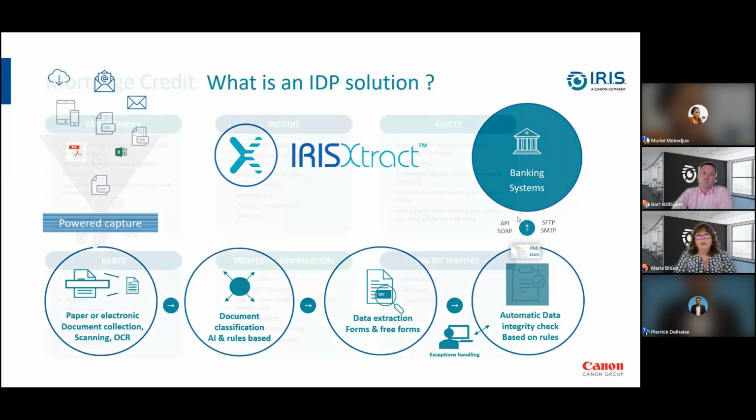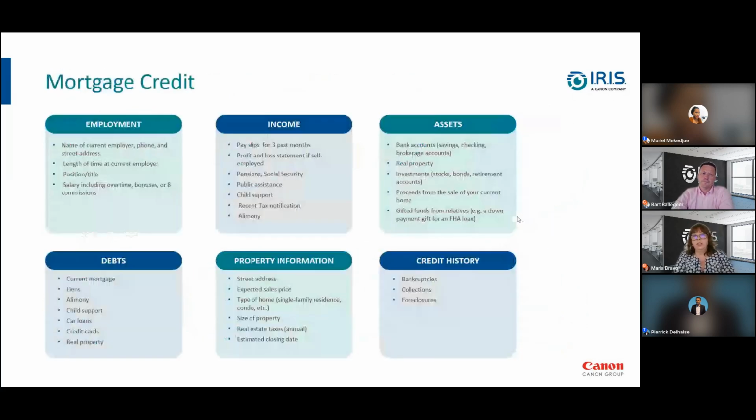Yes, so the mortgage credit. The mortgage credit is the example we have selected. When you have to apply for a mortgage credit, the bank will ask you for information about your employment, your income, your assets, debts, property information, and credit history. Depending on the situation and your request, you will send many documents.